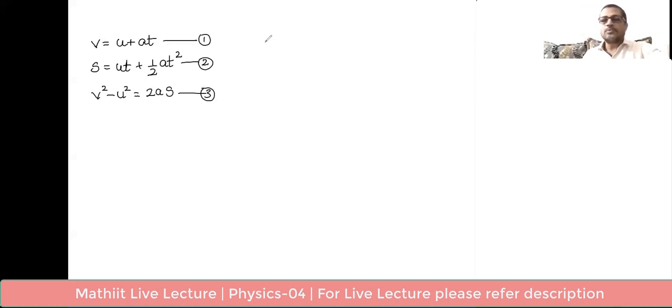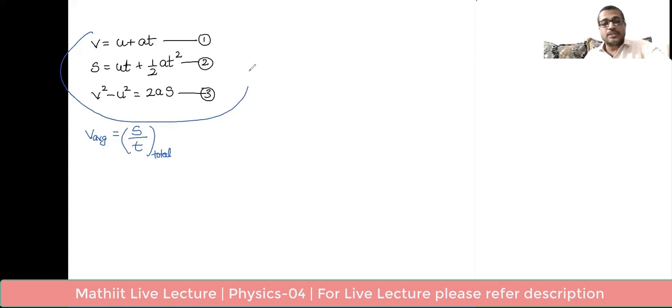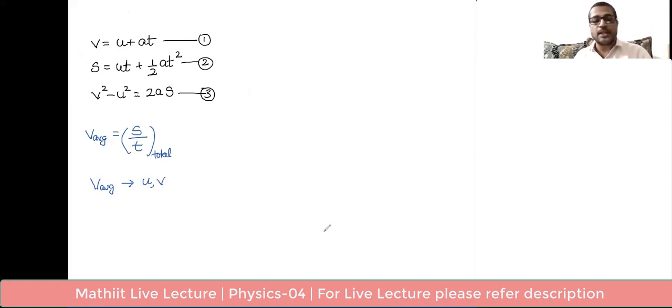Now, the first thing that we are going to do from this: average velocity is defined as total displacement by total time. What we want to look at is using any of these equations, we want to write this average velocity only in terms of initial velocity and final velocity. Can this be done? Let us take a look at that.